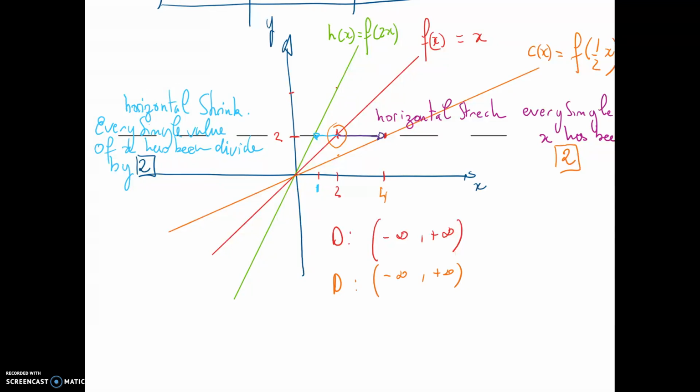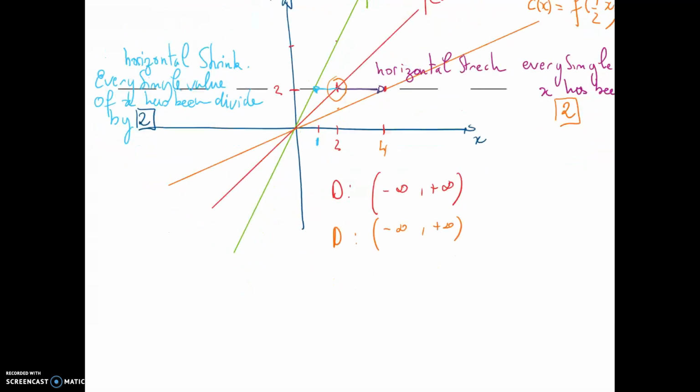Okay? If I also look at h of x, the domain for this one is also going to be negative infinity to plus infinity. I just need to divide by 2 every single value of x. There is an infinity of values of x, so the domain for the function h of x is still negative infinity to plus infinity.